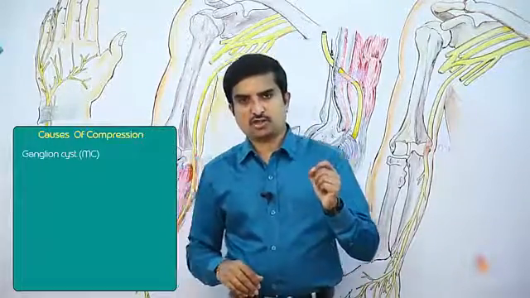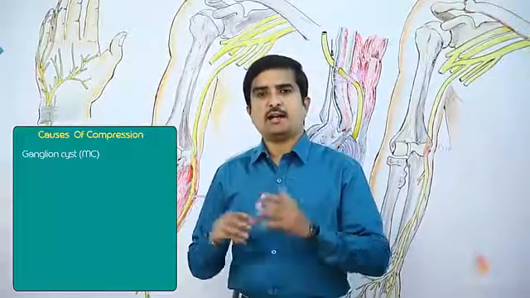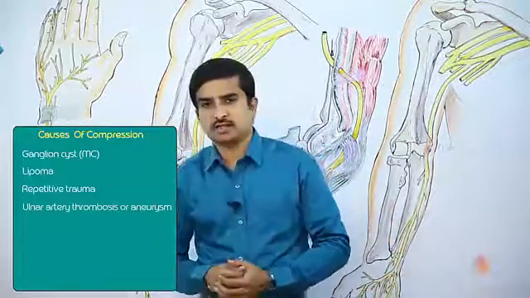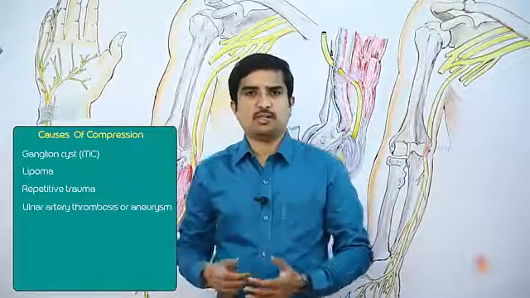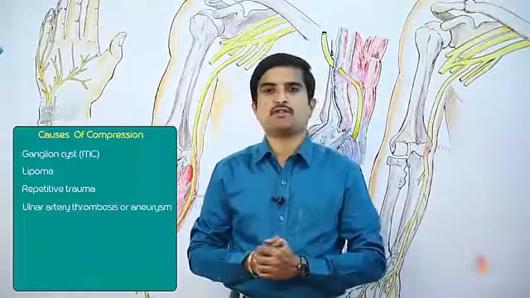So ganglionic cyst formation is the most common cause of Guyon's canal neuropathy, and other causes are lipoma, repetitive trauma, and ulnar artery thrombosis or aneurysm, which mainly cause injury to the sensory branch or the deep branch, which in turn causes zone 1 or zone 2 type of injury.